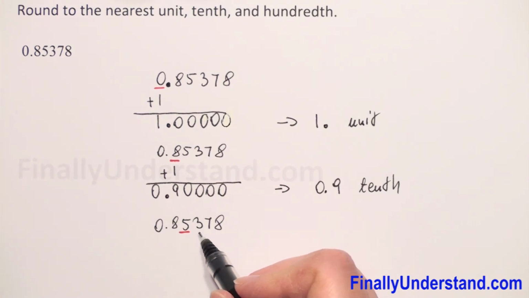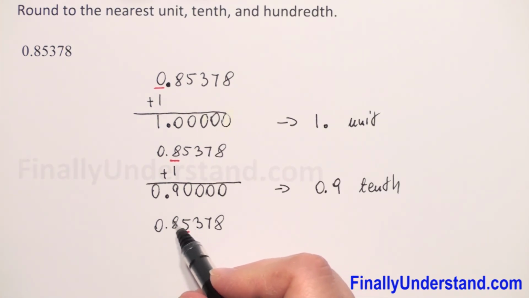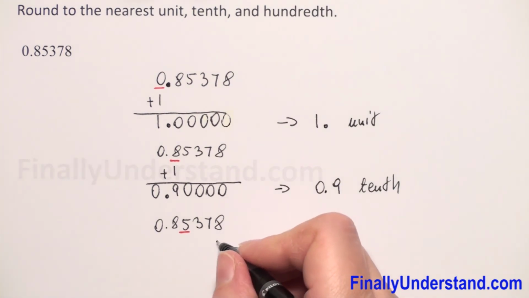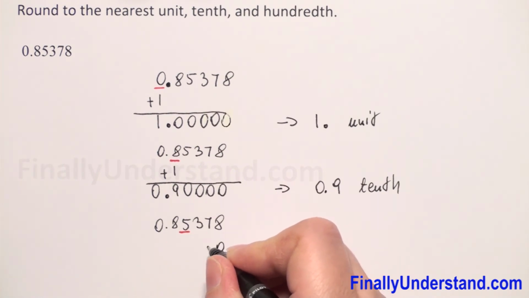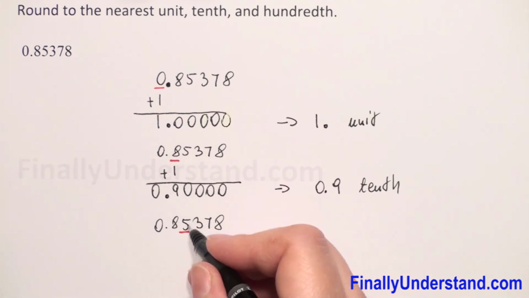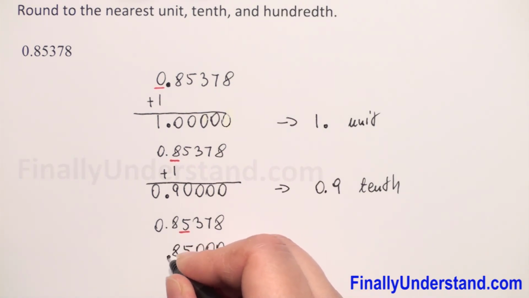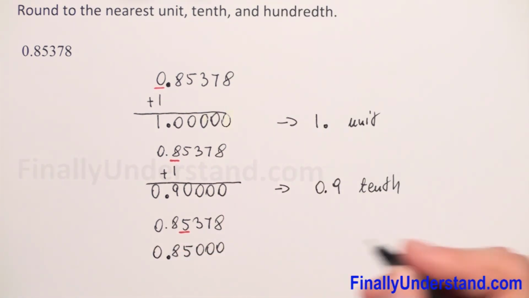it means we have to copy our number, we don't have to do anything. And every digit after the underlined digit will be 0. So 8 we have to change to 0, 7 to 0, 3 to 0, and the rest we have to copy: 5, 8, decimal point, and 0.